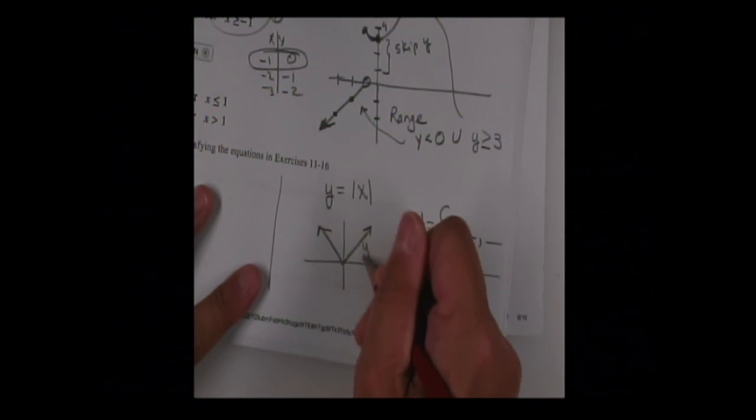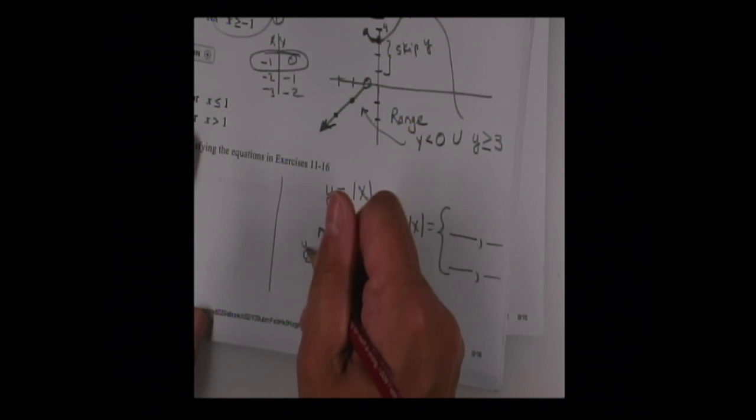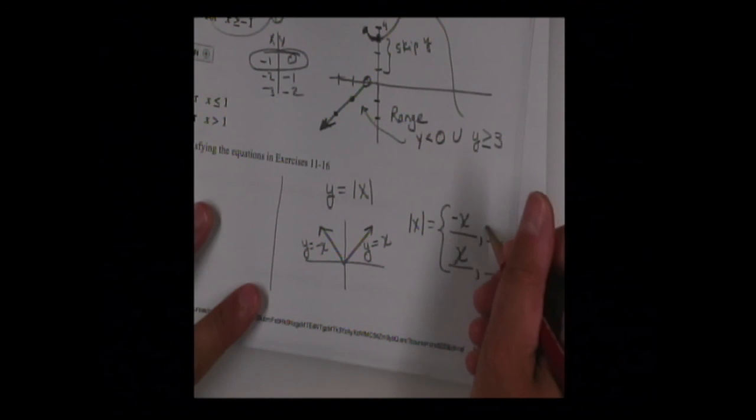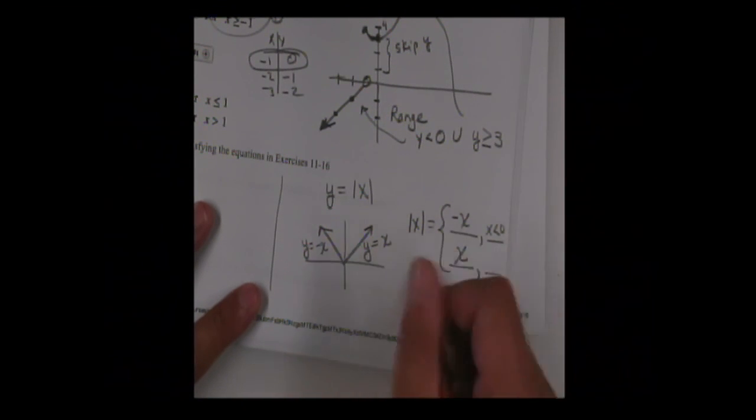Where this piece is the equation y equals x, and this piece is the equation y equals negative x. And so our pieces are negative x and x. We use the negative x for x less than 0.